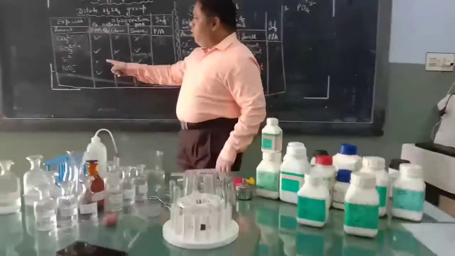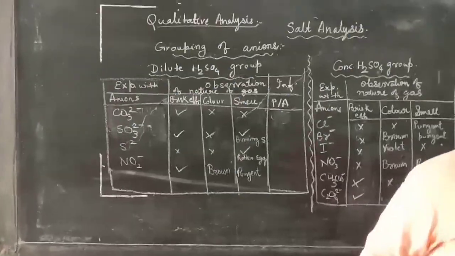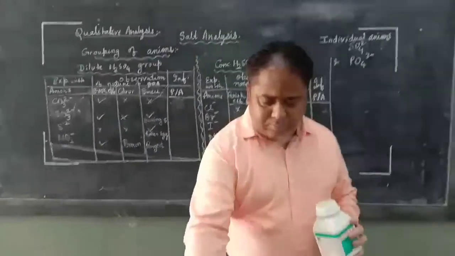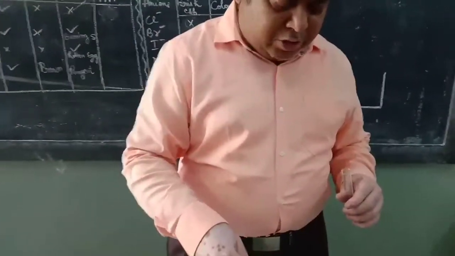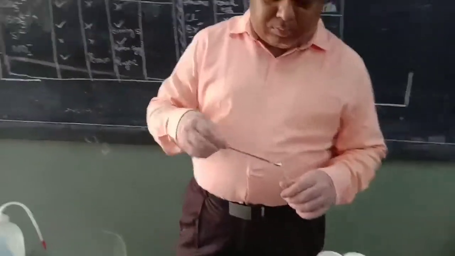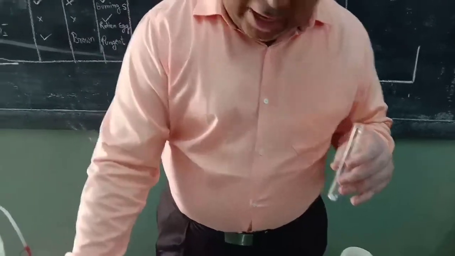When carbonate ion is treated with dilute sulfuric acid, what happens? This is the carbonate salt. Say for example, I have got this pinch of salt and I have dilute sulfuric acid here.